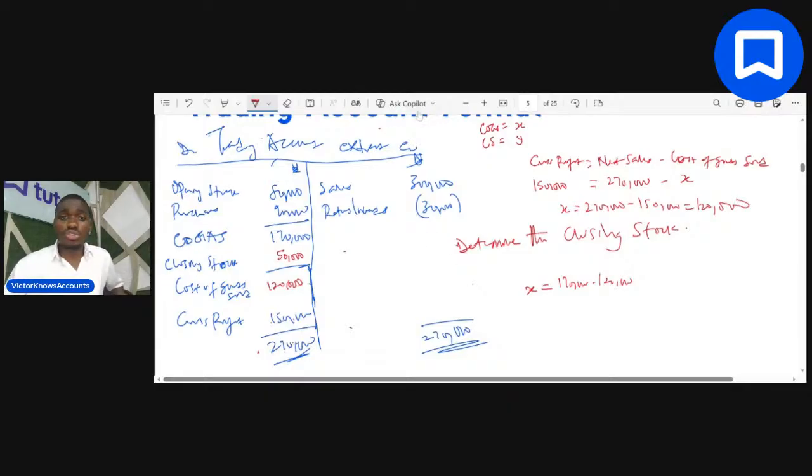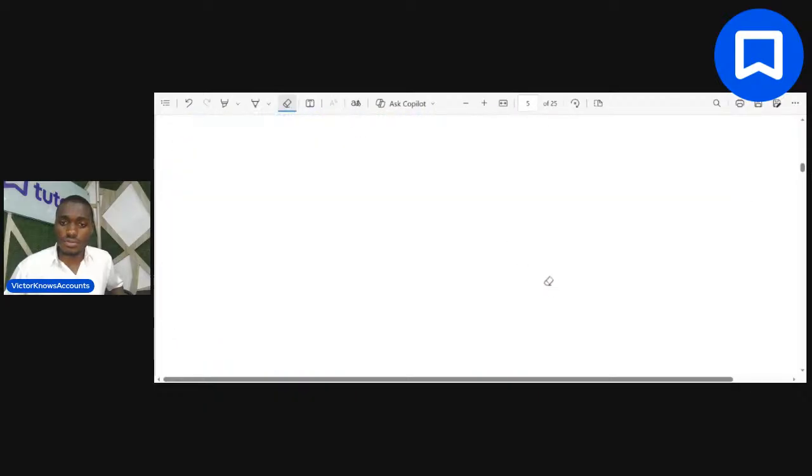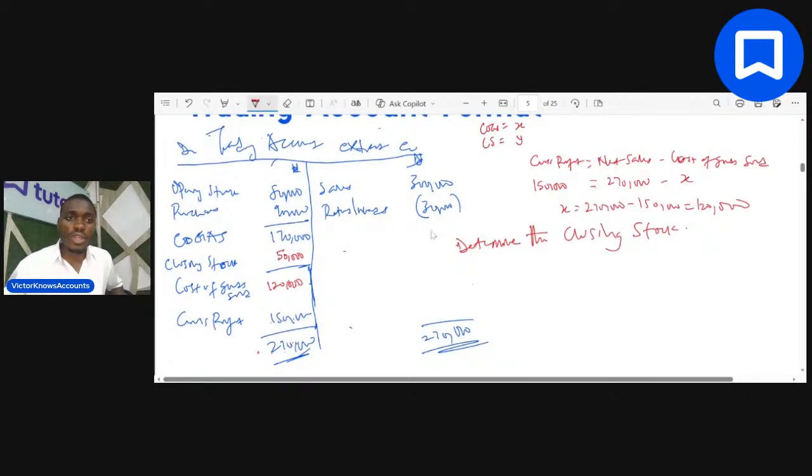If you now use that same mathematical logic for this, don't forget our closing inventory is Y. Then we will say that your cost of goods sold is equal to your cost of goods available for sales minus inventory. You know that normally, that's from the format.